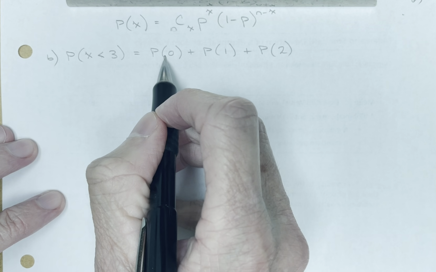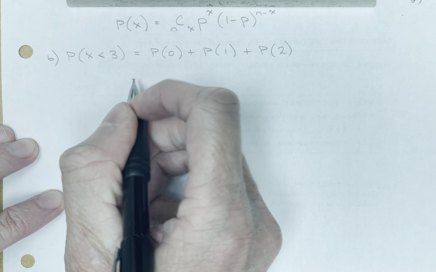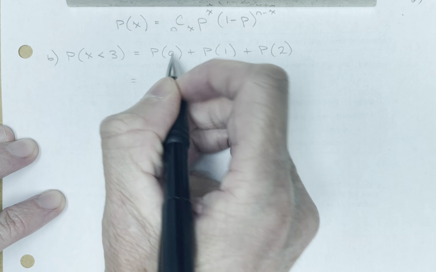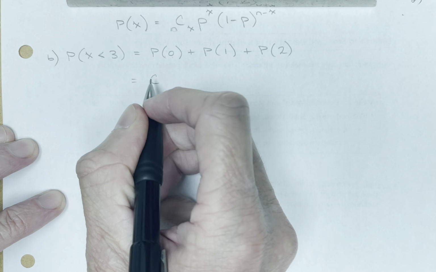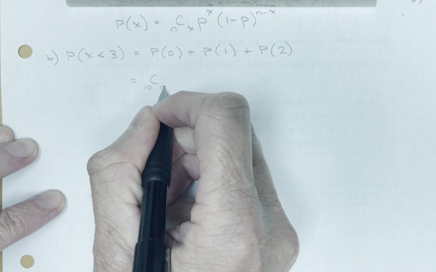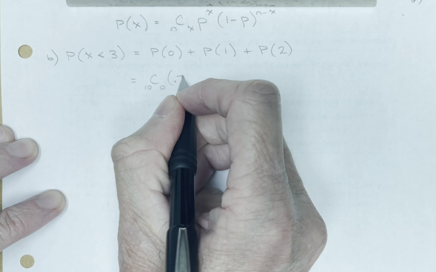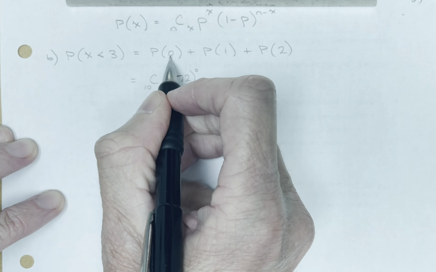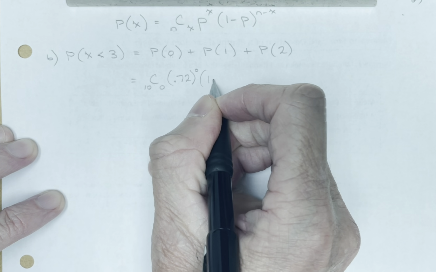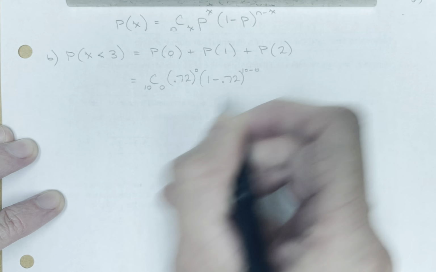Well, each of these needs to go into this formula. So this is equal to, let's start with 0. We get our C to tell us we're going to do a combination. And n is 10. We want to get 0 out of 10. We know that our probability is 0.72. We're going to raise that to the x, which is 0, times 1 minus 0.72 raised to the 10 minus 0.